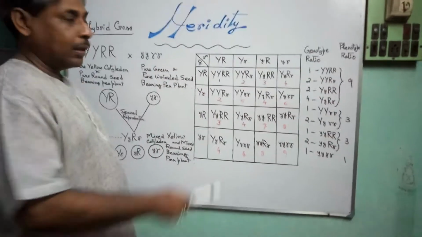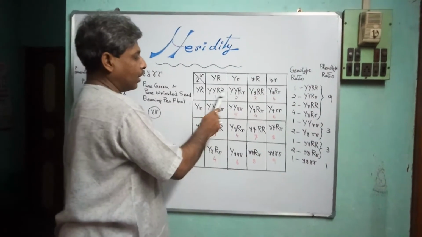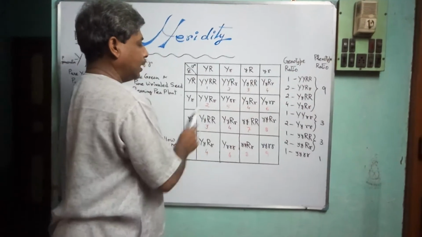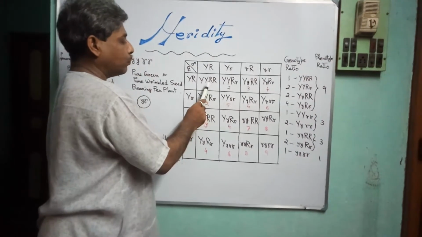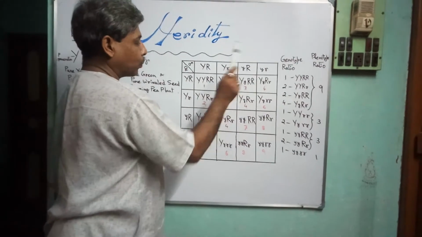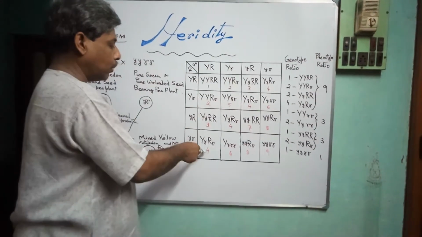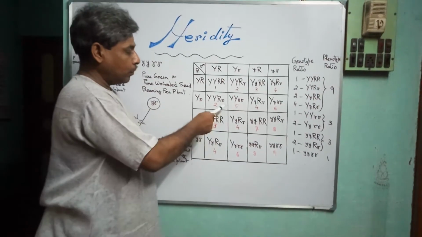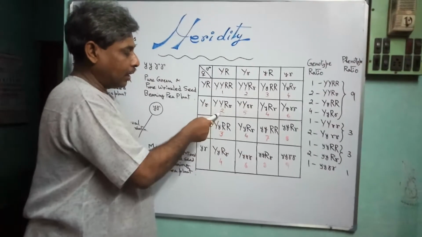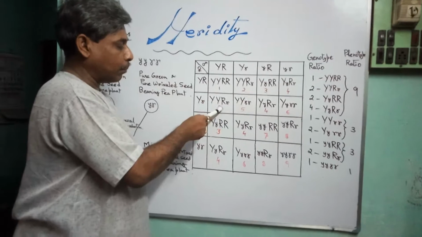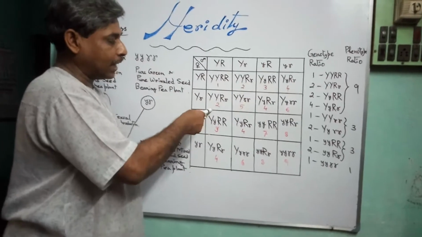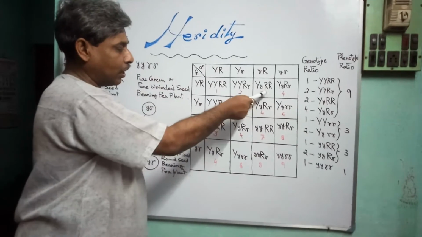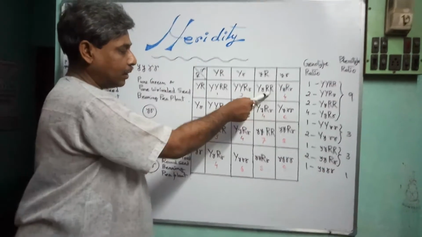I repeat, if the individuals are numbered sequentially, they can be written as 1, 2, 3, 4. Along the column also 1, 2, 3, 4. So it is evident that number 2 is repeated along this diagonal. We will observe that along this diagonal the number 3 is repeated.